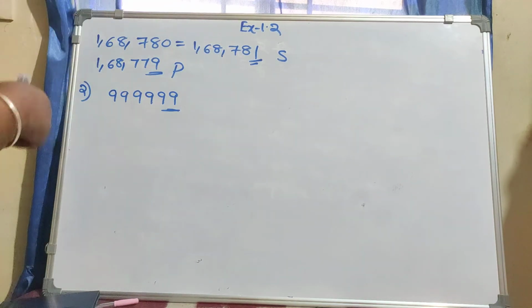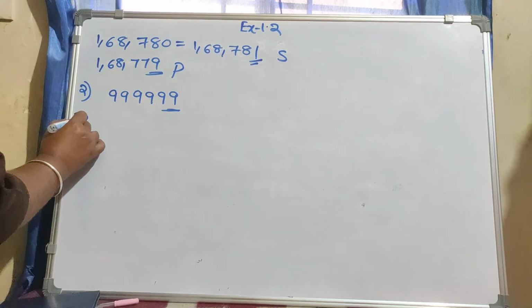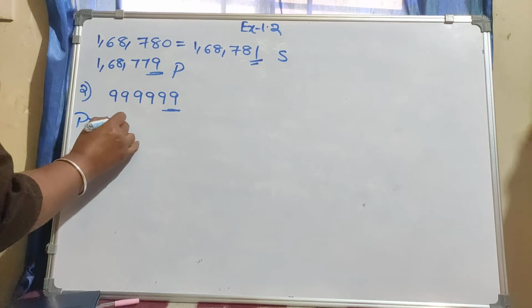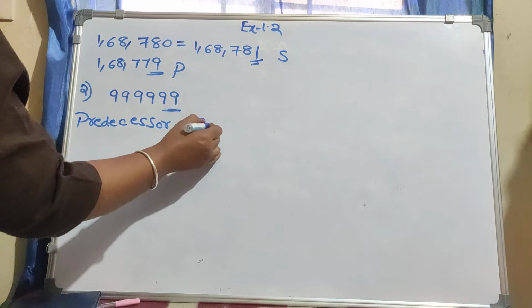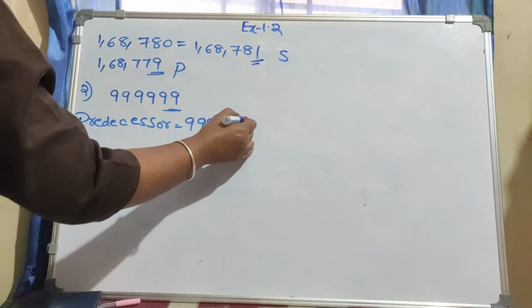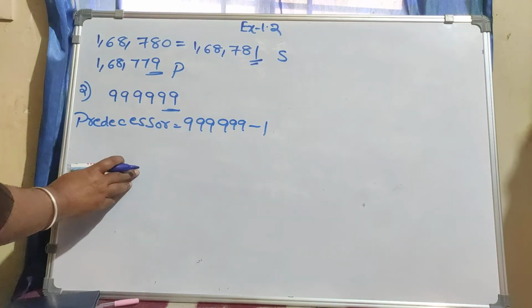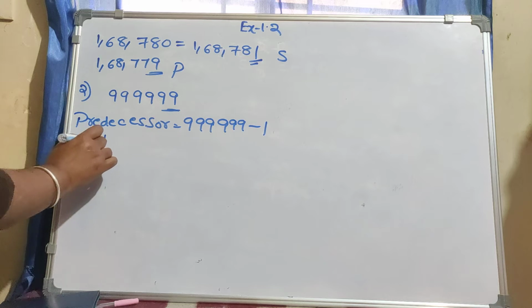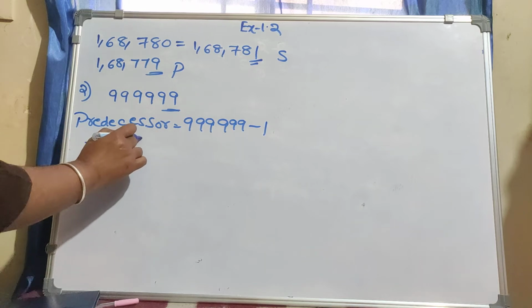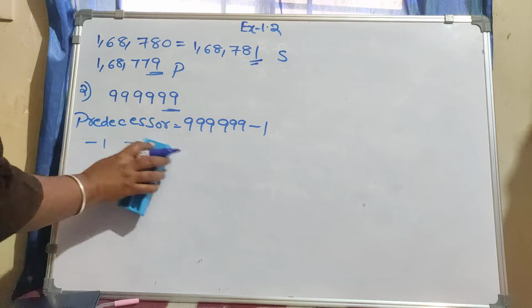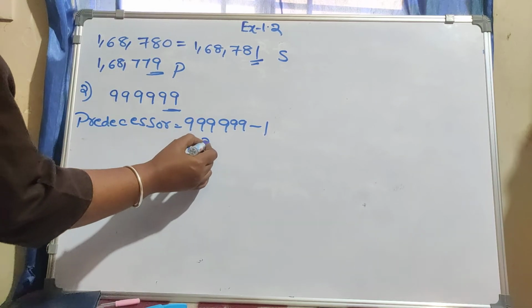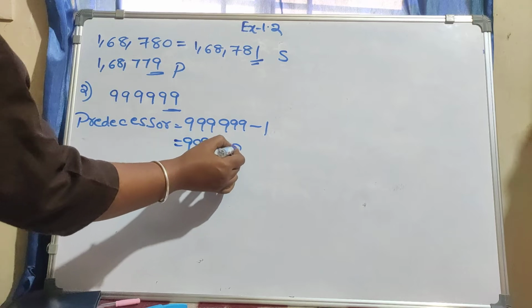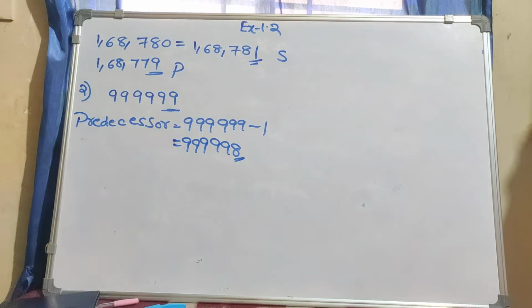What is the predecessor of it? 999999 minus 1. The predecessor is always minus 1, successor is always plus 1. So the answer is 999998.